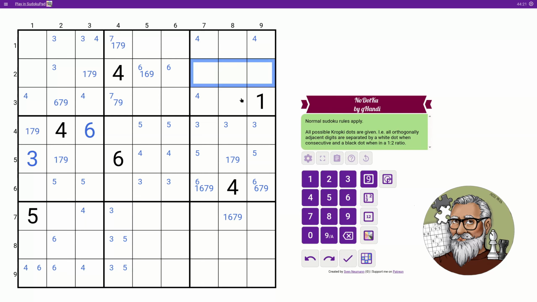That's almost fun, but now I have 3 and 5 here. I don't know with what still, right? 6 only eliminates 7.